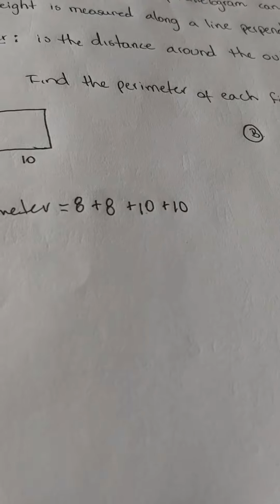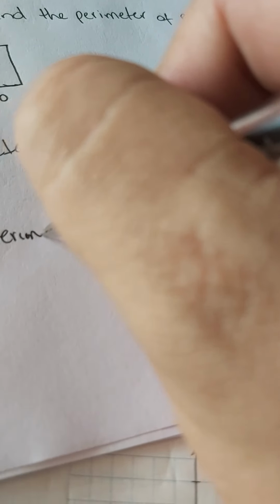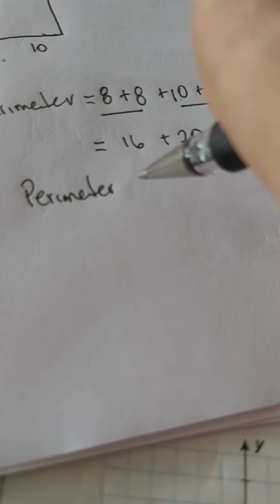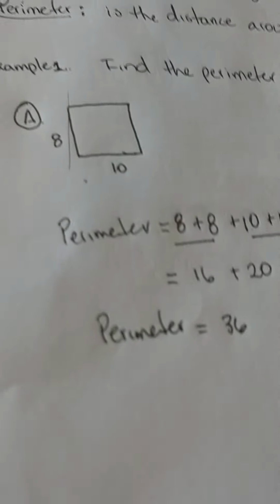So now all we have to do is add. 8 plus 8, 16, plus 10 plus 10, 20. So perimeter equals 16 plus 20, 36. 36 what?